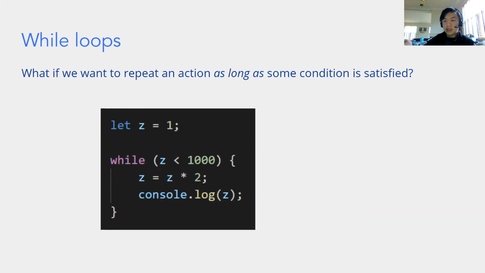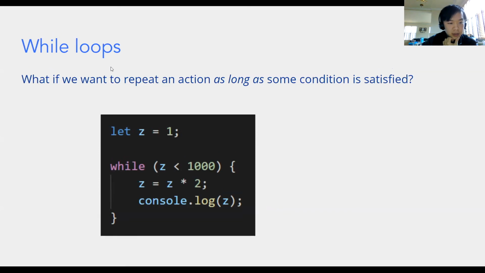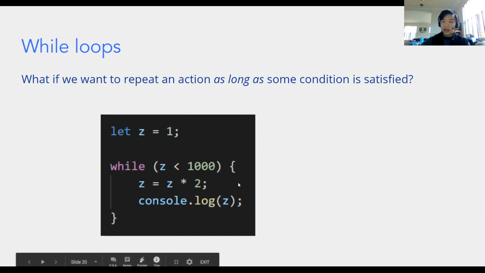So, what is this output? What is this output? Where does it start? Where does it end? Yeah, so it's going to output powers of 2, right? Because z starts at 1. So every time it doubles it, outputs it, goes back.